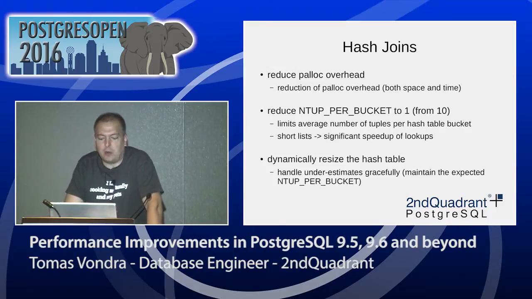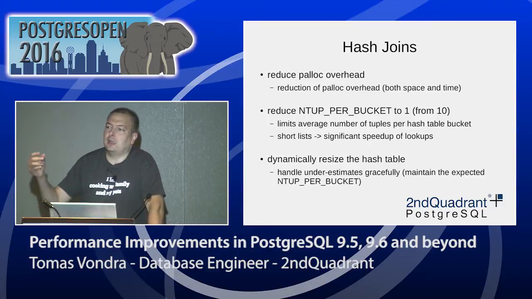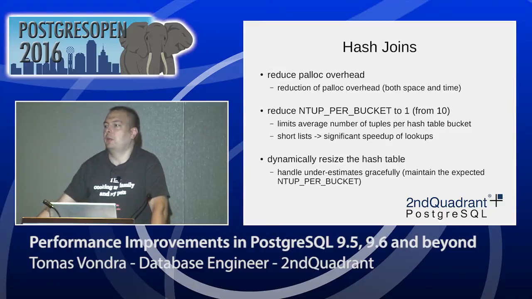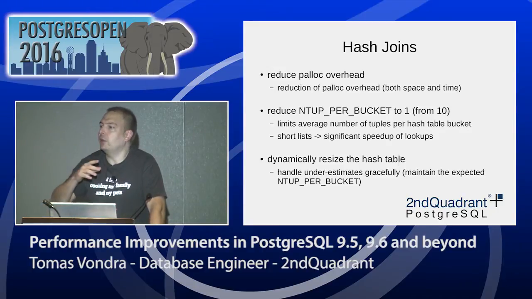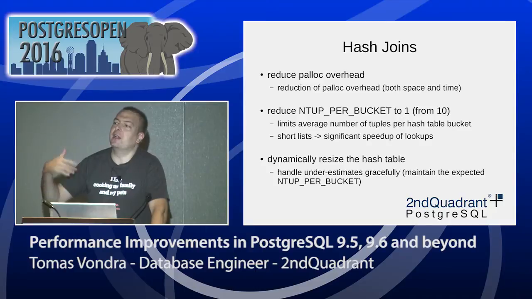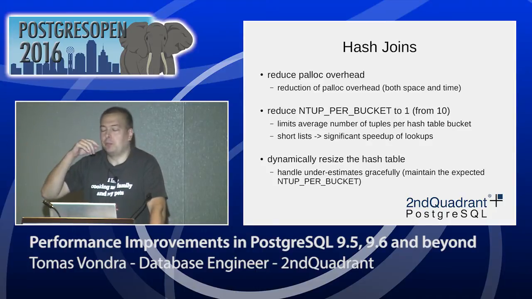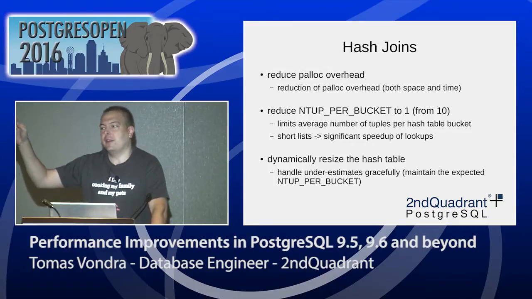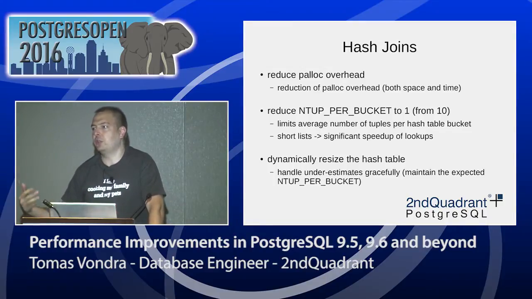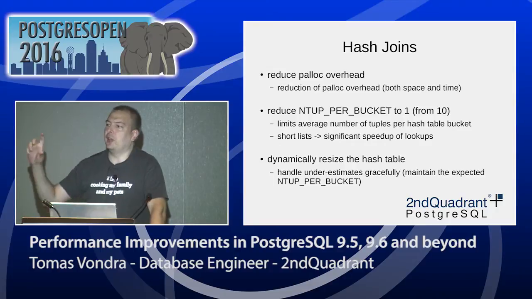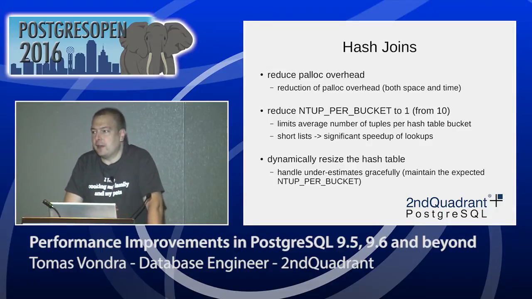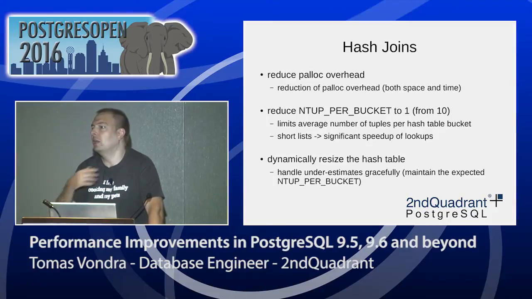And by default, the hash table used to be sized for 10 tuples or 10 groups per bucket. Whenever you need to add another tuple into the hash table, you look up the group in the bucket, and then walk the list, which is fairly fast as long as the lists are fairly short. And by default, it was set to 10. So we ended up with about 10 groups per bucket.